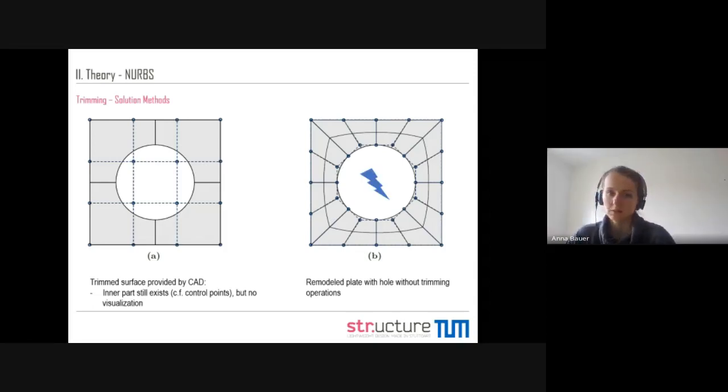But this is not a real solution, because then I would have to remodel my model, because trimming is a key feature in standard CAD. So you have to be able to do this and avoid the remodeling part. So we really have to go with this option here.